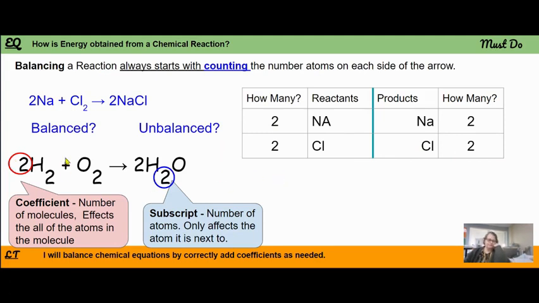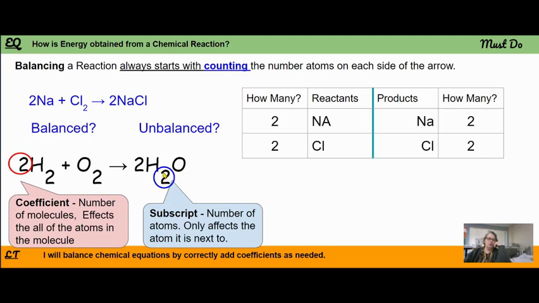So on this one, I have a coefficient, which is the number of molecules, right? So I have two hydrogen molecules. The 2 affects all of the atoms in that molecule, right? So this 2 affects the H and the O. A subscript is the number of atoms.